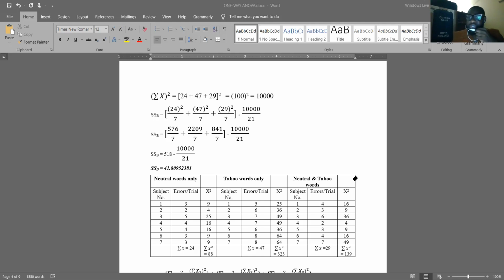Then it means that you're supposed to do further analysis known as post hoc analysis. Post hoc analysis. So we will delve more into post hoc analysis later, and another video has been uploaded on post hoc analysis.